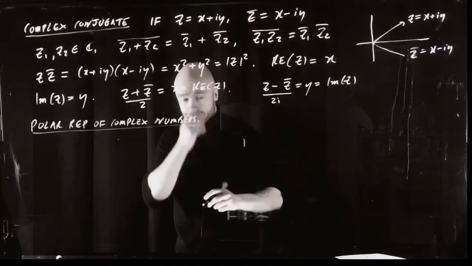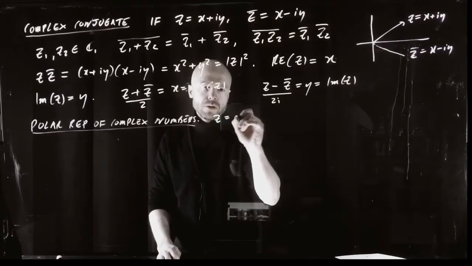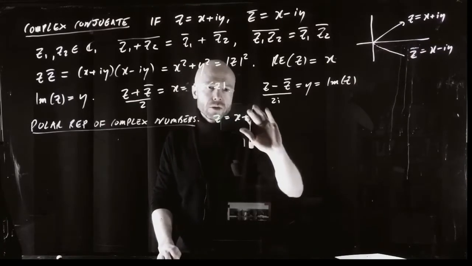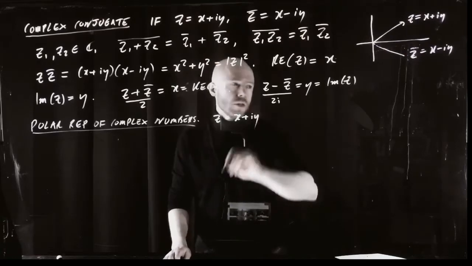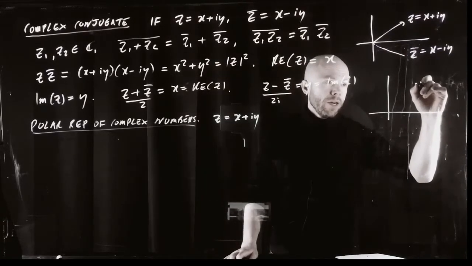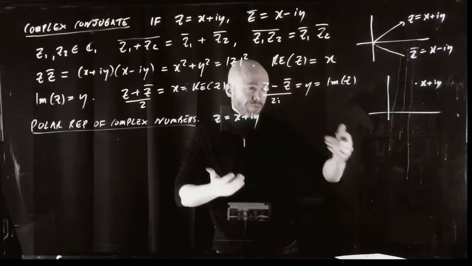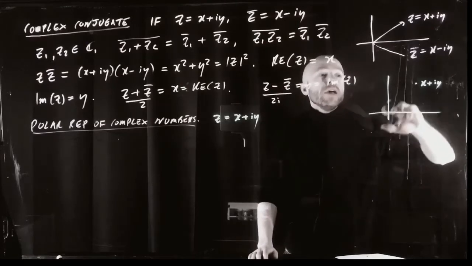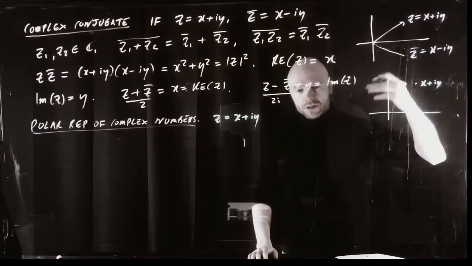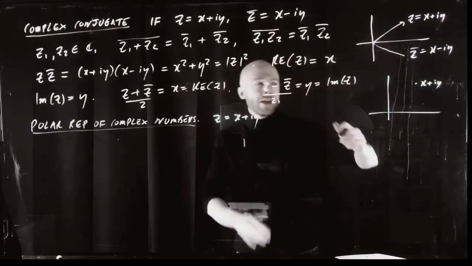If we have some number z, which is equal to x plus iy, recall we can think of this as a point in the plane, the complex plane, x plus iy. The polar representation of complex numbers is that we are going to represent this thing, which consists of two numbers, with a radius and an angle.